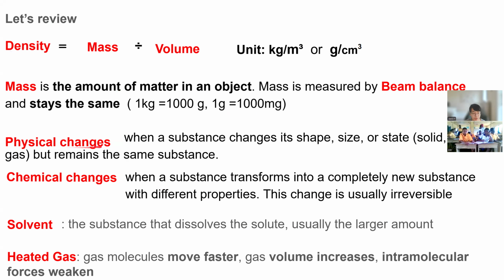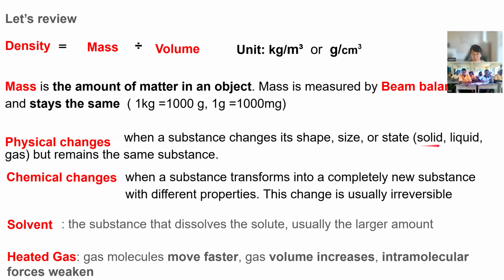We learned about physical changes and chemical changes. A physical change is when a substance changes its shape, size, or state, for example between solid, liquid, or gas, but it still remains the same substance.